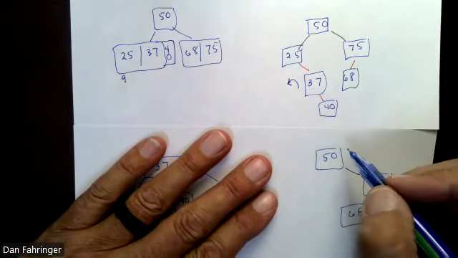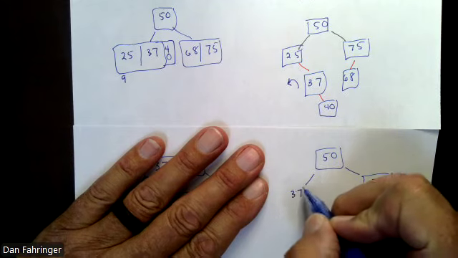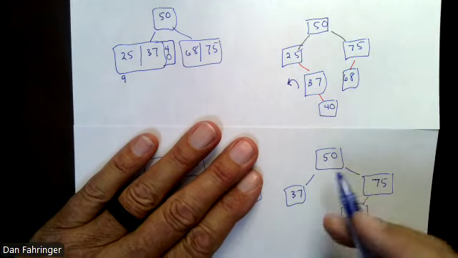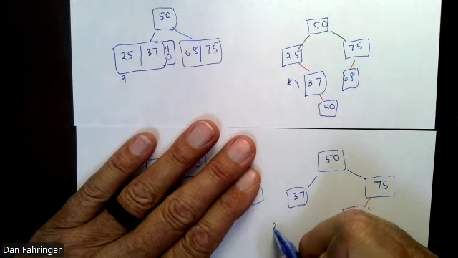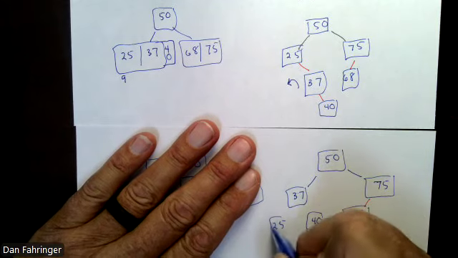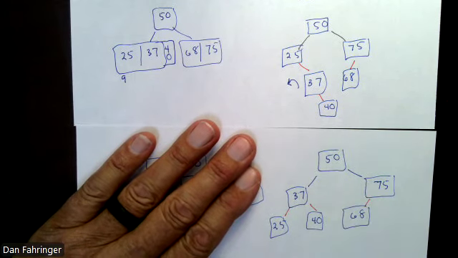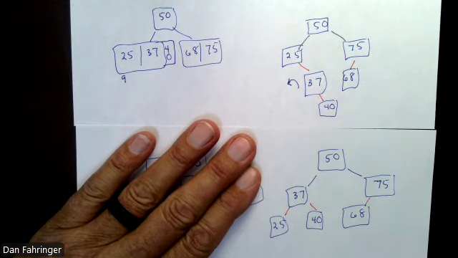I had black going to 37, and then I had 25 over here and 40 here. So that was my rotation, and all 3 of these were siblings. Okay, this is what I got.